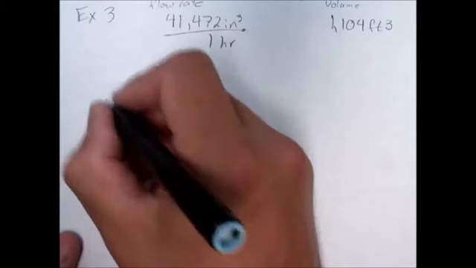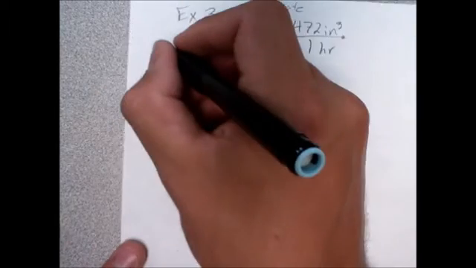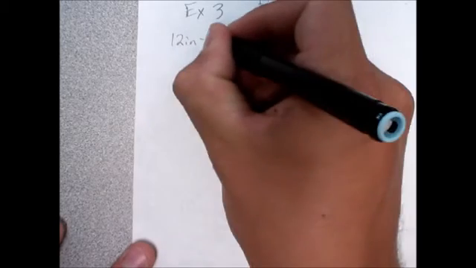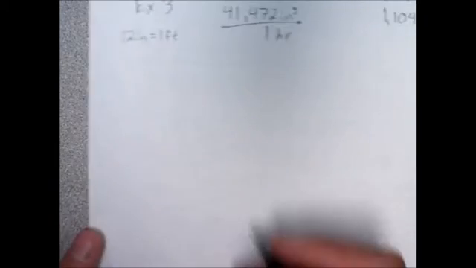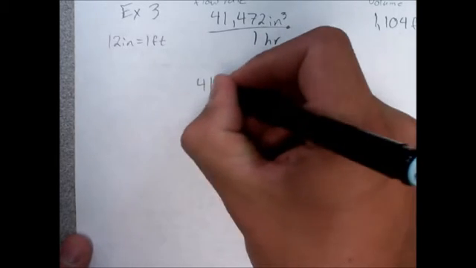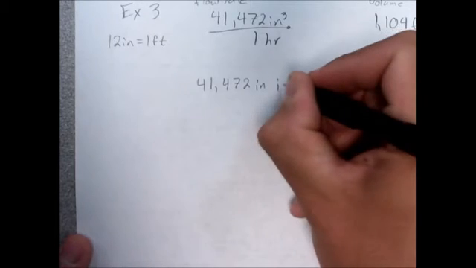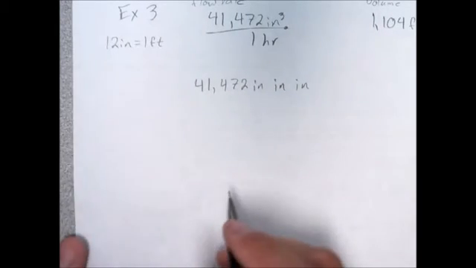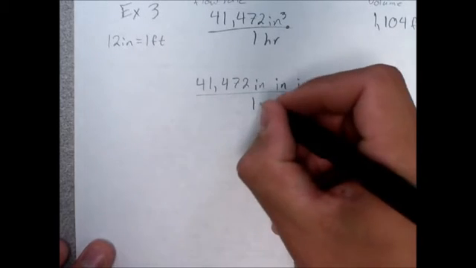Okay, so inches in a foot. We know that unit conversion, right? There are 12 inches in 1 foot. Everybody should know that one. So I take my 41,472 inches. I say that 3 times because it happens 3 times. Over 1 hour.